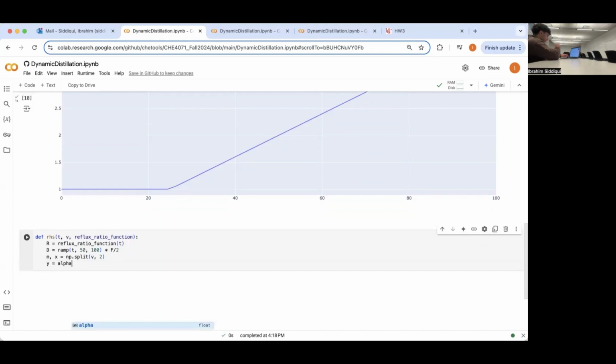So our alpha is going to be multiplied by x, and then this is going to be divided by 1 minus x, again, then plus our alpha, multiplied by x.